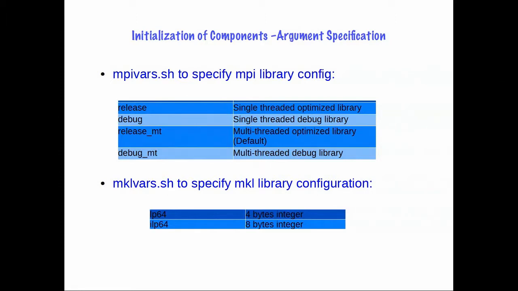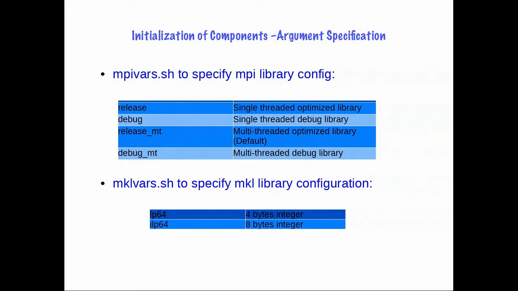You just look at the table. There's a debug version, again a single-threaded debug library. And then there's multi-threaded, so they call it release multi-threaded, _MT, and that is the default that you get when you use the library. And there's also a debug, which is multi-threaded. So you've got 4 choices with the Intel MPI library.